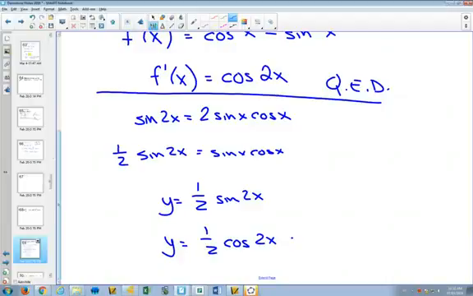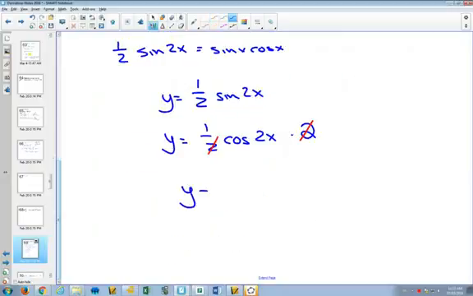Then multiply by the derivative of the inside function. What's the derivative of 2x? 2. Now, the 1/2 times the 2, those will both simplify, and we've proven it that way as well.